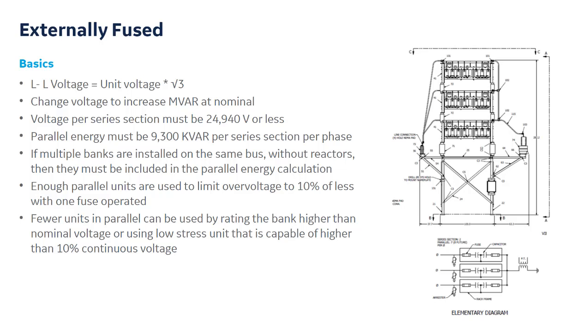The voltage per series section must be 24,940 volts or less. The parallel energy must be 9,300 kVAR per series section per phase.